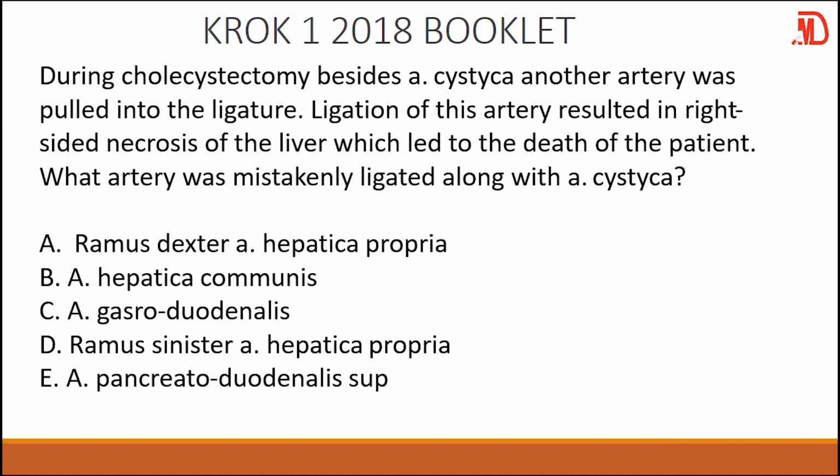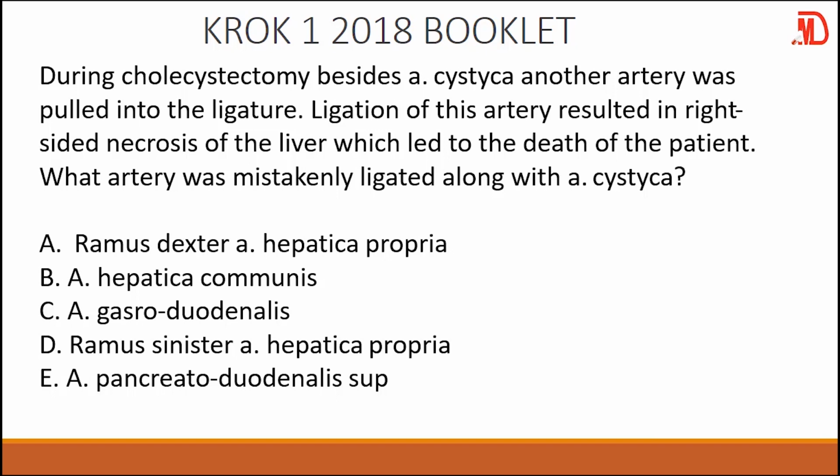Basically, you need to know the artery that supplies the liver, and this is the hepatic artery proper, also known as proper hepatic artery. It supplies the liver and gallbladder and arises from the common hepatic artery, which is a branch of the celiac artery.